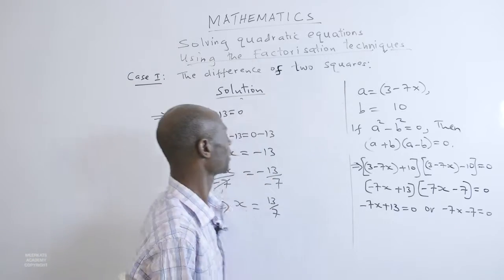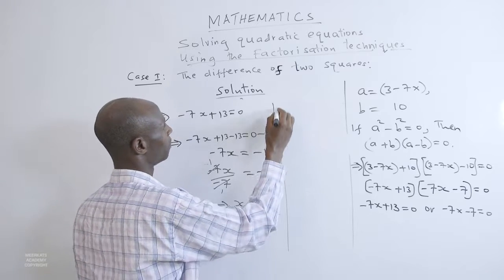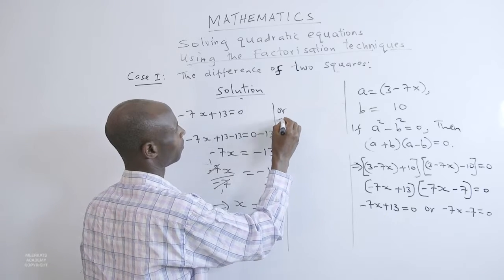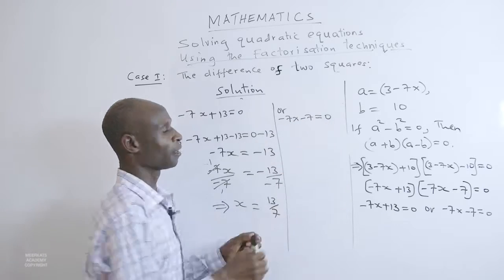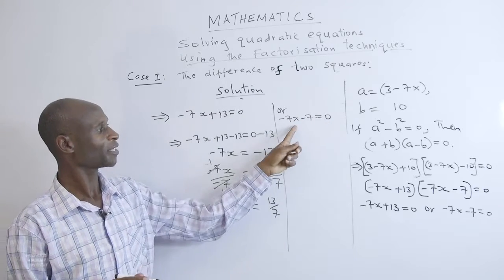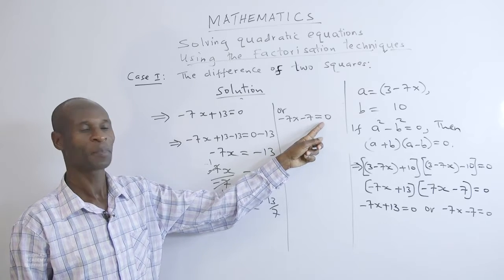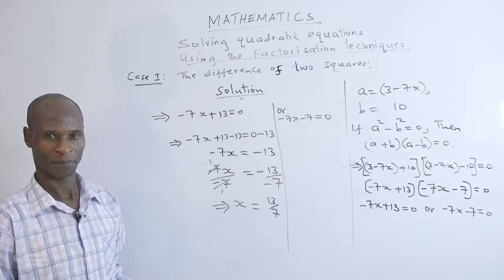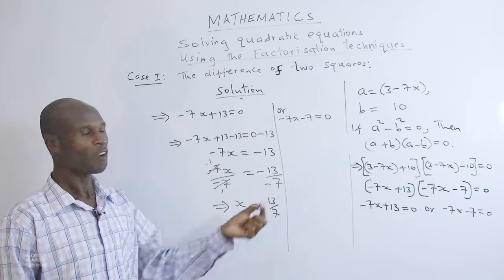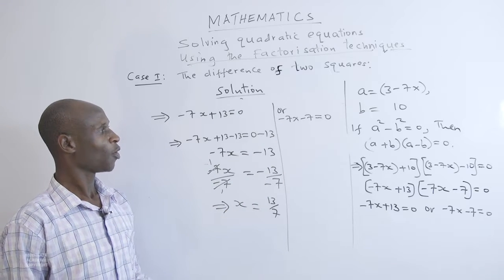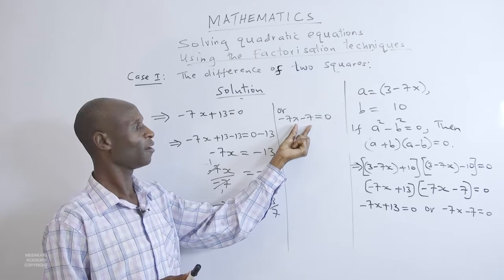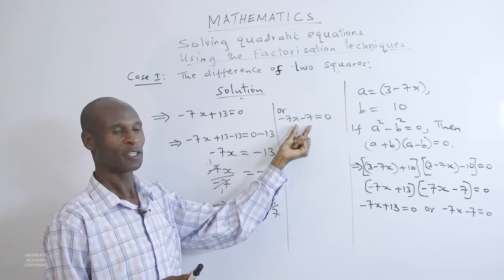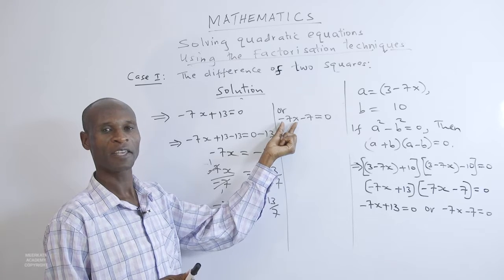Picking the second linear factor, that is minus 7x minus 7 is equal to 0. Find the value of x. To find the value of x, we collect minus 7 on the right hand side, so that we only remain with a term having x.